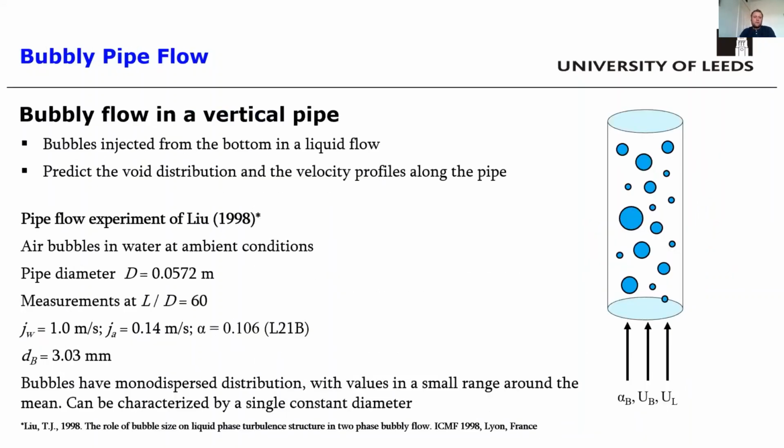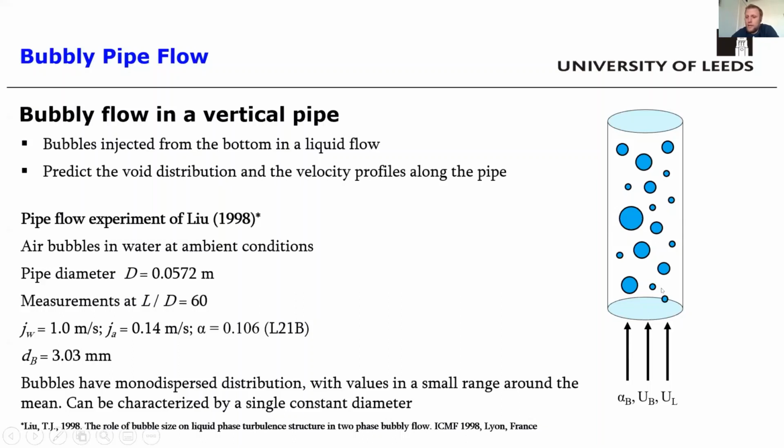So this was an attempt to give a quick overview of the basis of this kind of model. And now I will move on to the first tutorial, which is the simulation of a bubbly flow in a vertical pipe.